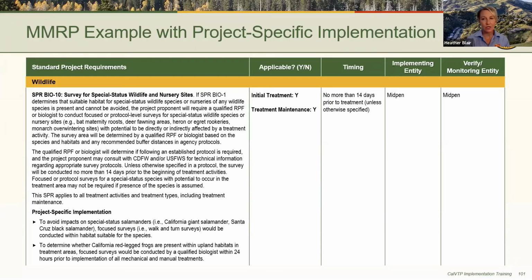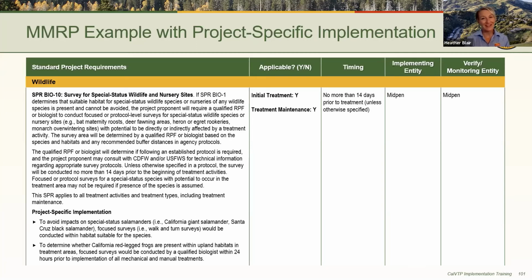So this slide shows an example SPR from the MMRP for the Bear Creek Redwoods Open Space Preserve Vegetation Treatment Project. Project-specific implementation information was included for SPR Bio 10. This SPR in the program EIR requires surveys for special status wildlife.